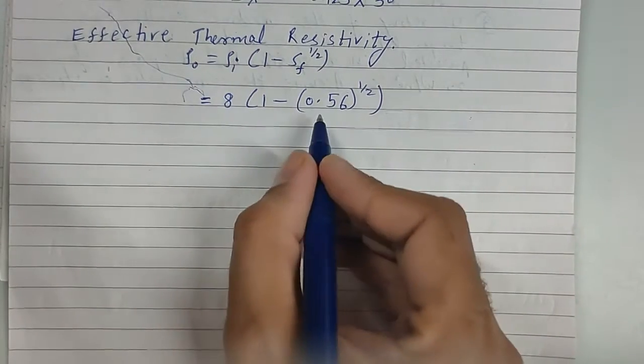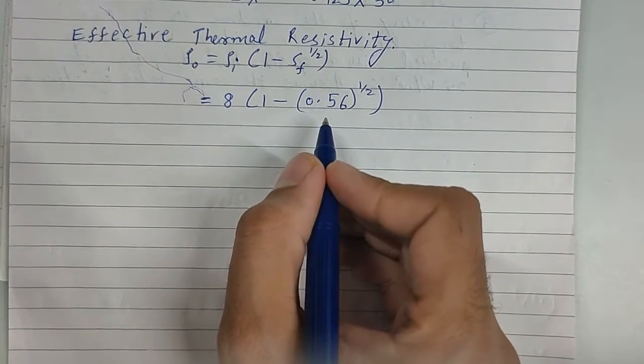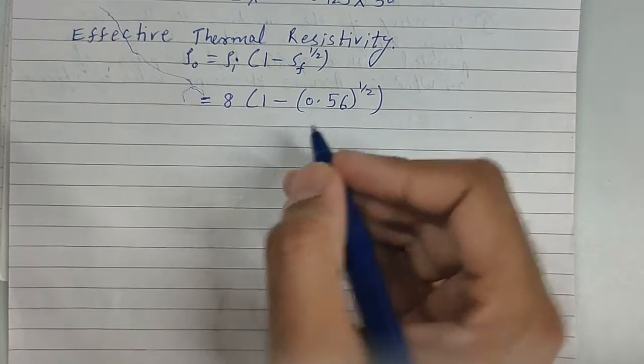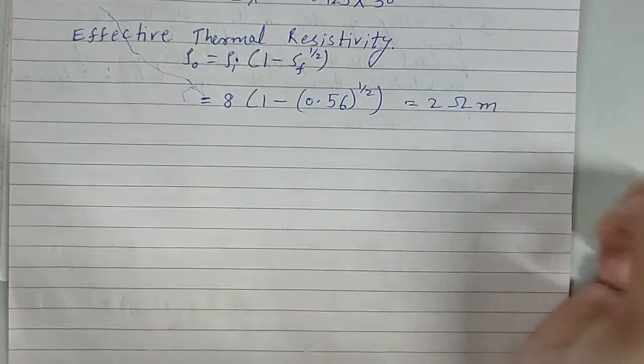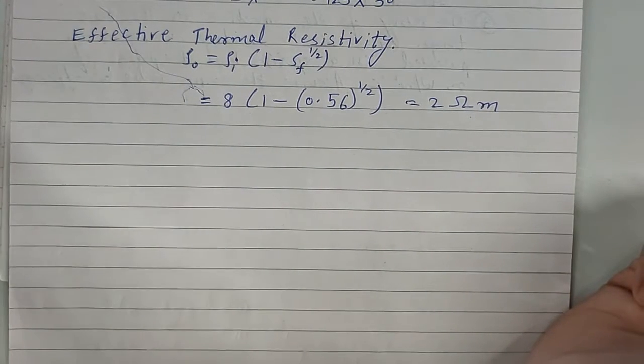Now when we multiply this entire term, what we get is 2 ohm meter as the effective thermal resistivity of the winding.